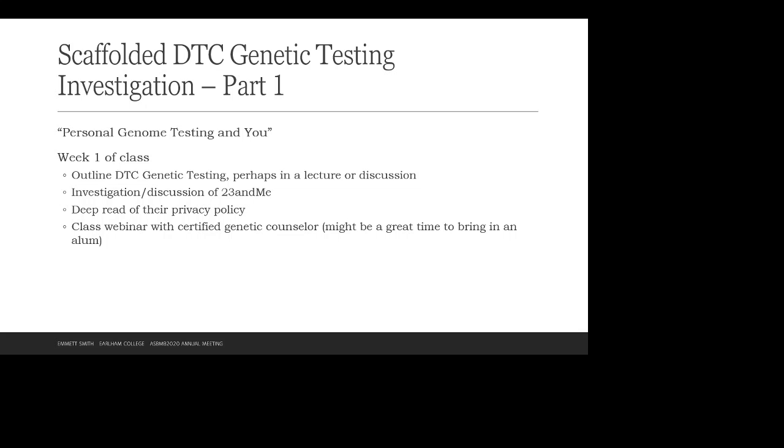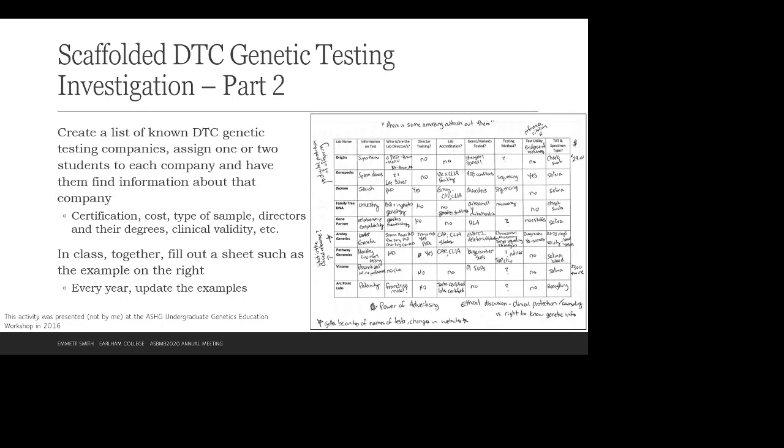The next thing that I did is to use this fun activity of creating a list of known direct-to-consumer genetic testing companies, assigning one or two students to each company as a homework assignment, and having them fill out some information about that company. This image here is the chart completely filled in, but basically you ask them to look up things like, do they have a certification and what kind?